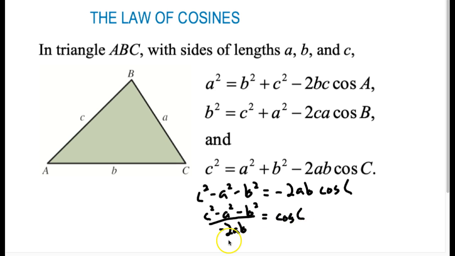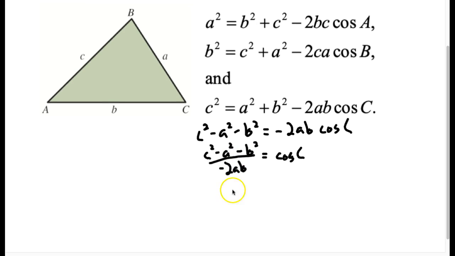cosine of c. Now, we could proceed from here and leave that negative in the denominator, but usually you'll see it written like this instead. If I just divide everything by a negative, we could pull that negative out in front and say that this would really just be a squared plus b squared minus c squared over 2ab equals the cosine of c.